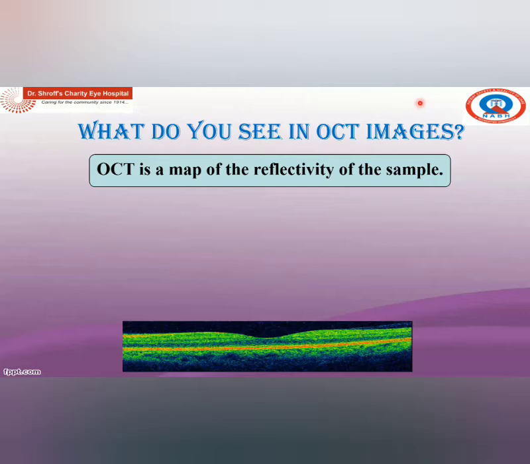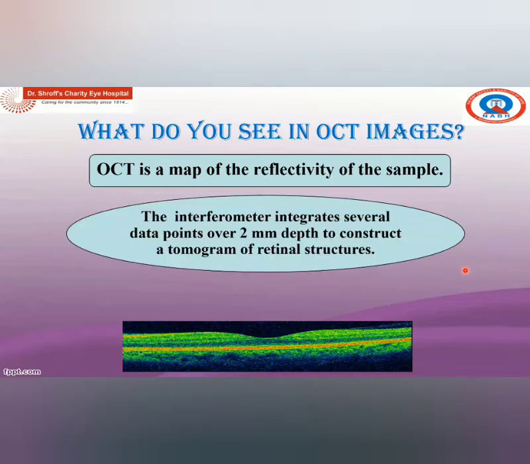The interferometer gathers several data points over 2 mm depth to construct a tomogram of the retinal structure, based on how much light is reflected from different layers. We have different layers of the retina: nerve fiber layer, ganglion cell layer, plexiform layer, nuclear layer.